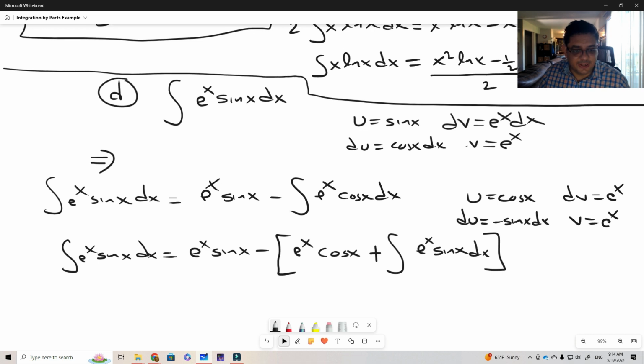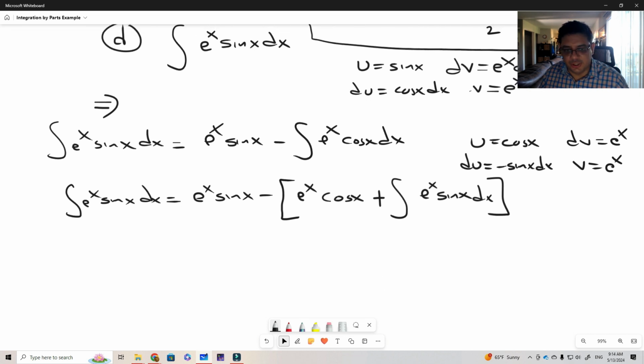Now notice that I reach the same integral again, e to the x sine of x, and I have e to the x sine of x here. So fortunately we have this minus multiplying, and that means that I'm going to be able to move it to this side. So I'm going to have twice the integral of e to the x sine of x dx, because I'm taking this one with the minus, and so minus to the other side gets to be plus.